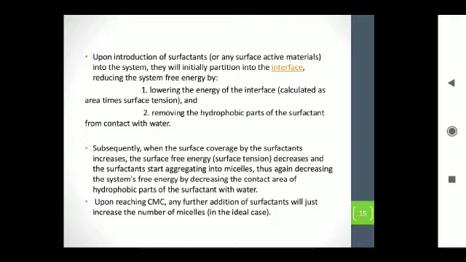This decreases the surface free energy and the contact area of the hydrophobic parts of the surfactant with water. Upon reaching the critical micelle concentration, any further addition of surfactants will just increase the number of micelles.